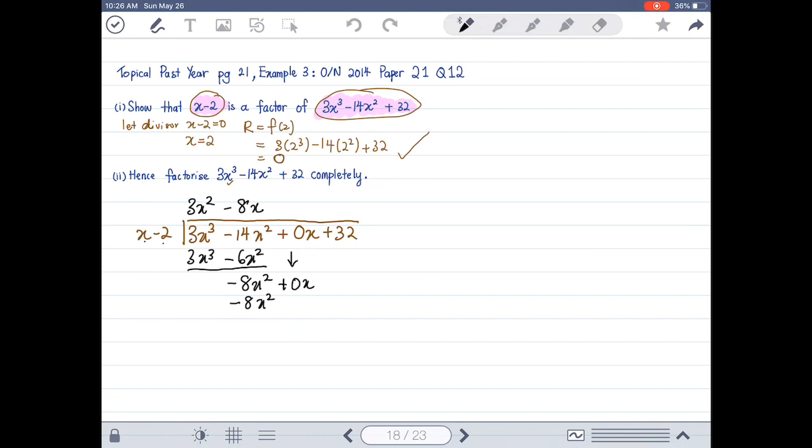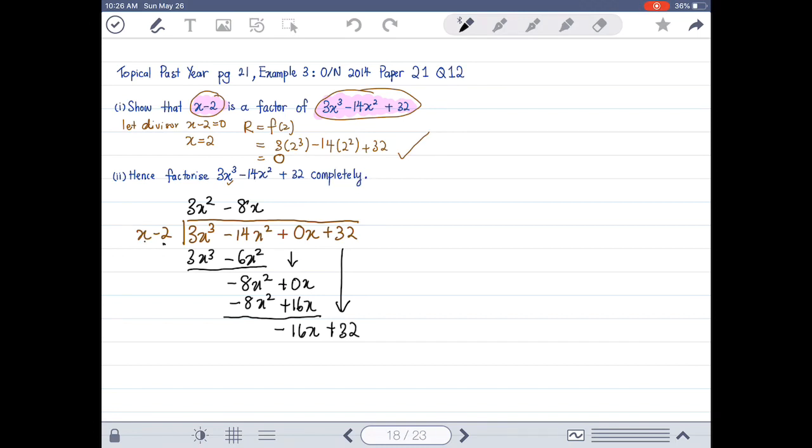Then multiply negative 8x with negative 2, negative times negative is positive 16x. Top minus bottom. The first term always cancels out, so 0x minus 16x, we should get negative 16x. Then bring down the next term, which is plus 32.